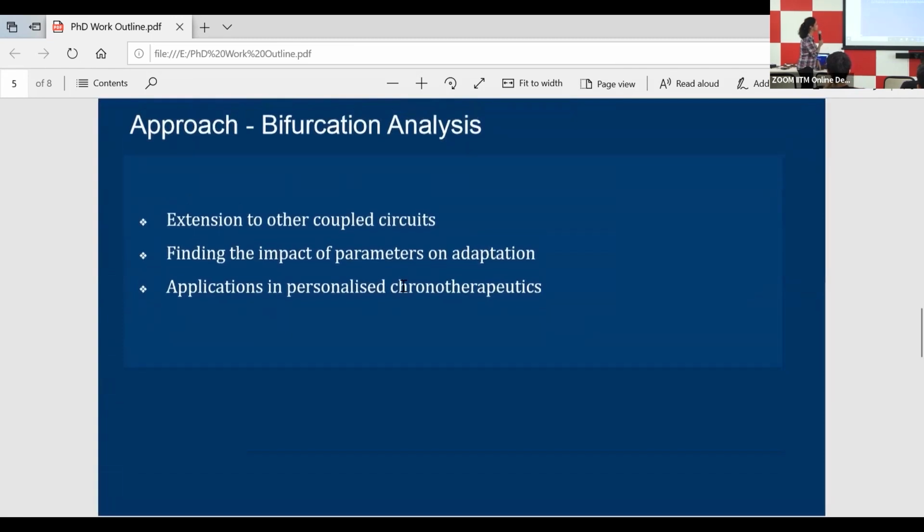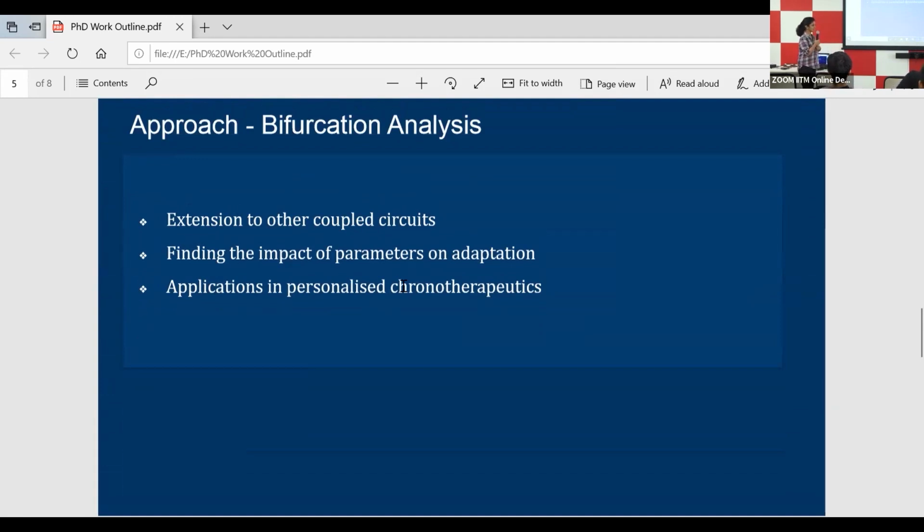So I have done this bifurcation analysis for the coupled circuit shown before, and I'm also currently extending it to adaptive circuits so that we can see what kind of parameter changes make a circuit lose its capacity to adapt.